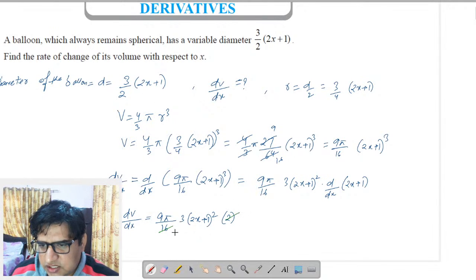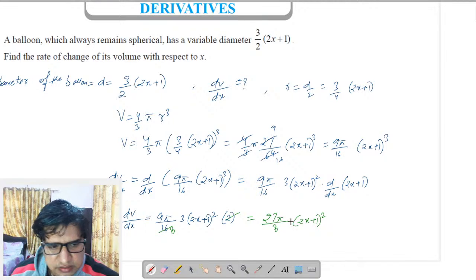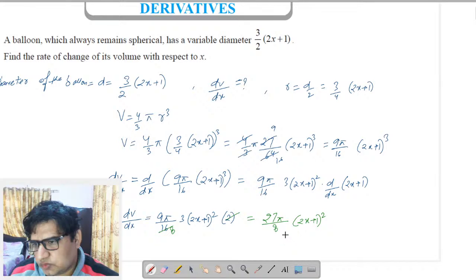This 2 will get cancelled out and here it will be 8. So 9 into 3 is 27 pi upon 8, and with that we have (2x + 1) square. This is how we can solve this type of question. As you can see, we were supposed to find dV/dx, which we have found out.